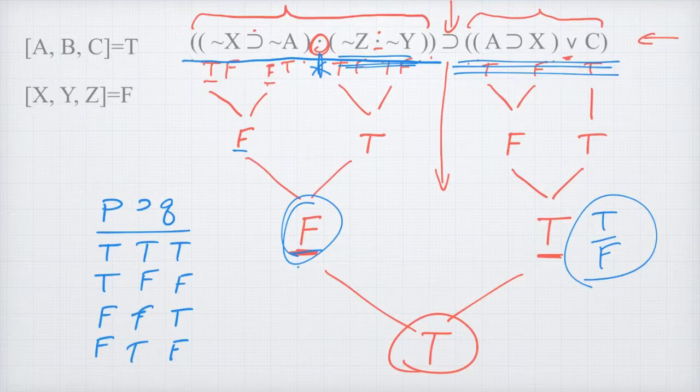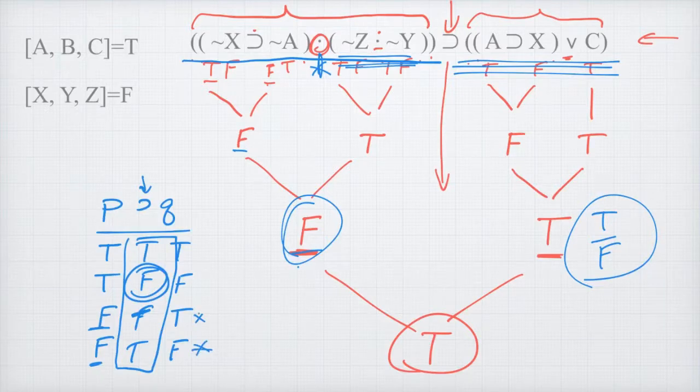All right, so when I look at this, I know that this is the only case in which that becomes false. The minute I see a false over here, it actually doesn't matter what the value is on the right side. So if I have false in the antecedent, it doesn't matter whether the consequent is true. It doesn't matter whether it's false. It's still going to come up true.